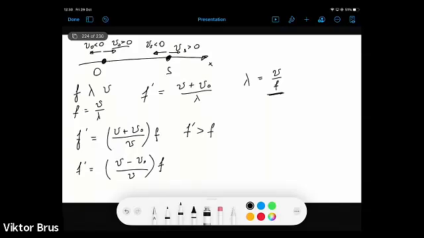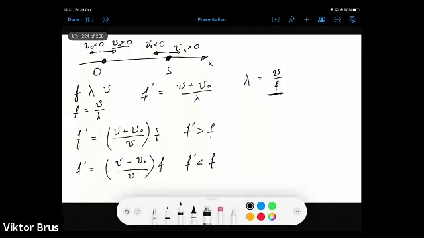So F prime is the apparent frequency which the observer hears because of the Doppler effect. In this case, our numerator is smaller than the denominator, and that's why the apparent frequency will be smaller than the real frequency of the sound. Okay, this is clear.